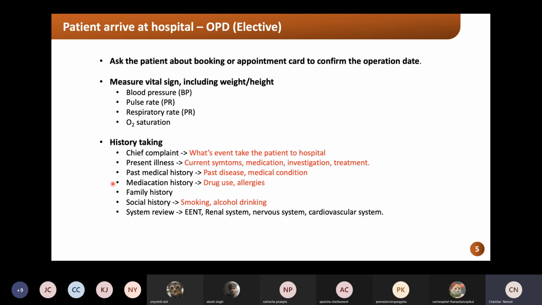For example, warfarin, which is an anti-thrombotic drug, right? When the patient takes warfarin daily, it can cause bleeding, because too much anti-thrombotic agent is not good at all.